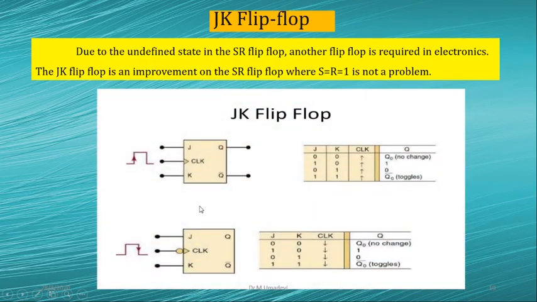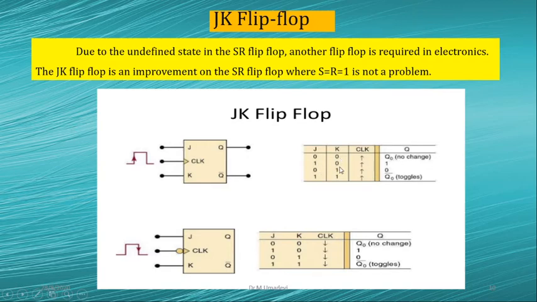And this is the circuit diagram and symbol for JK flip-flop, and this is for rising edge and this is for falling edge. J and K are the inputs, Q and Q bar are the outputs, and this is the clock pulse. This one gives the truth table for positive edge, and this gives the truth table for negative edge or falling edge. When the clock is raised, at the condition J = 0, K = 0, there is no change.